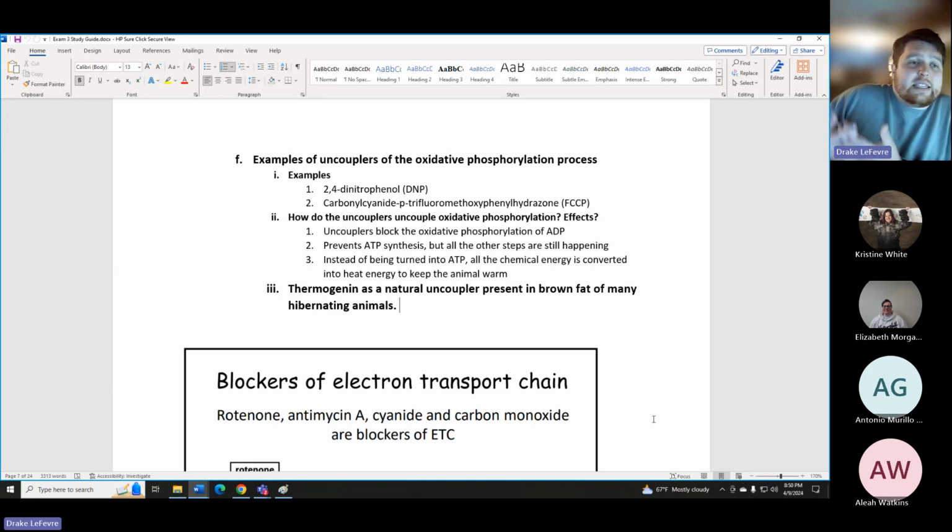We don't get ATP out of it, but we do get heat production. It's a way the animal can use all of its resources, the glucose and the fat it has stored up, to create its own heat energy without ramping up a ton of ATP. That way it conserves its energy better and produces heat without extra movement to burn off the ATP.